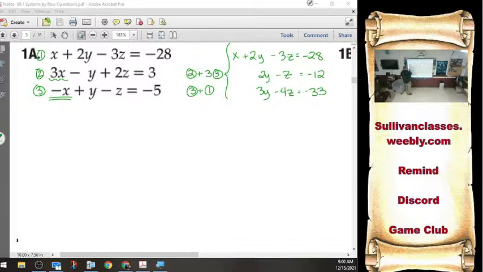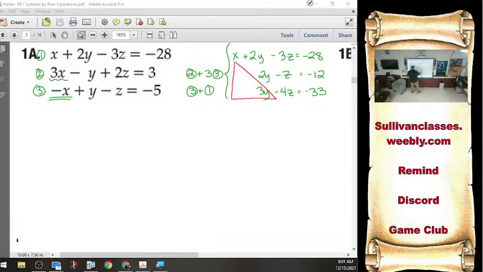Now, the goal is I'm trying to eliminate this triangle. If you are okay with fractions, I can take row 2 times a negative 3/2. 2 times negative 3/2 is negative 3. In my experience, most kids would rather work with big numbers instead of fraction numbers.